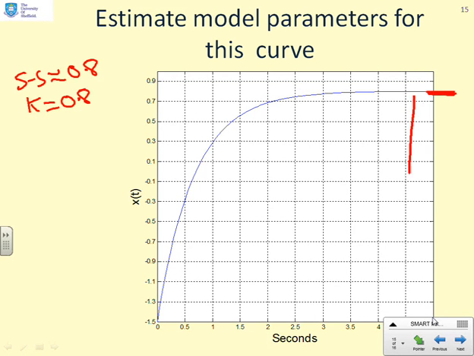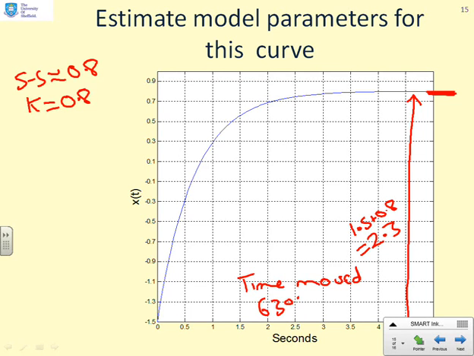If we look at the total distance moved, there it is, you'll see it's 1.5 plus 0.8, which equals 2.3. So this had an initial condition which wasn't 0. And so if you want to find the time constant, you need to find the time where it's moved 63% of 2.3.